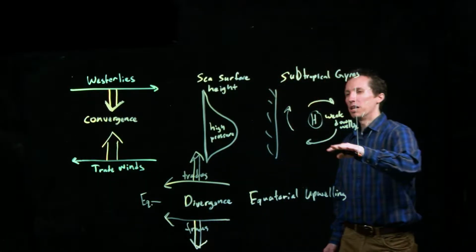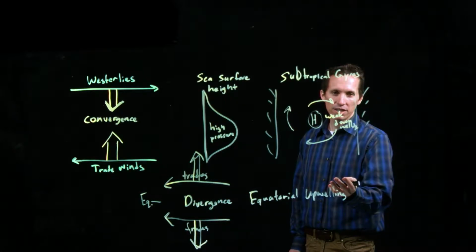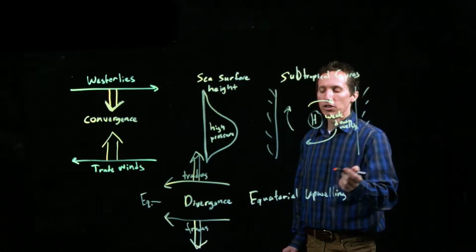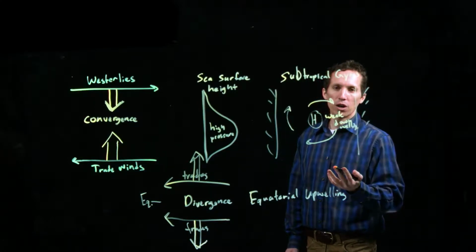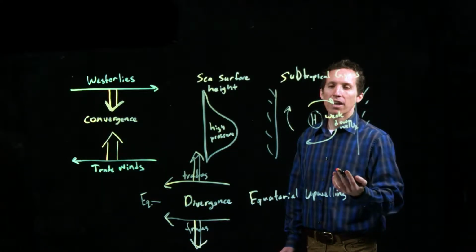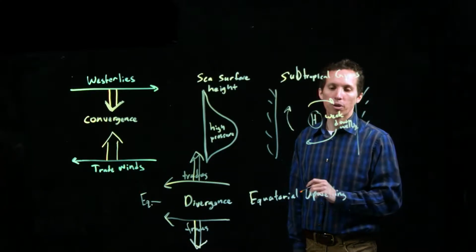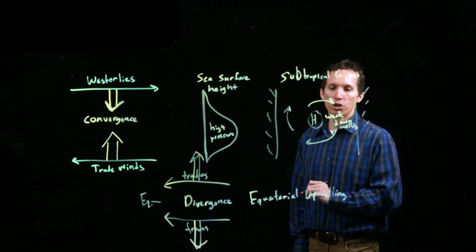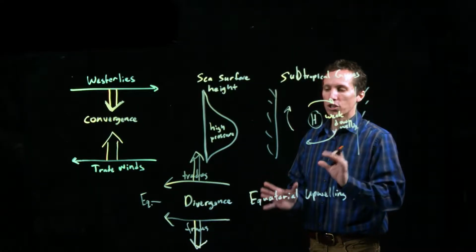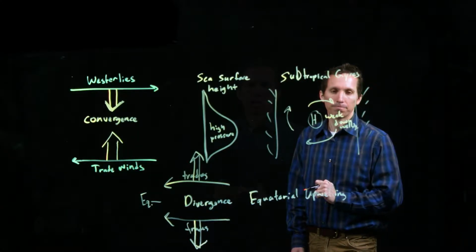So it's these major features across the ocean driven by winds that are creating major circulation features that in turn impart patterns on the distributions of chemicals and biological properties, biogeochemical properties, throughout the ocean waters. So this has a big structuring effect on ocean chemistry.